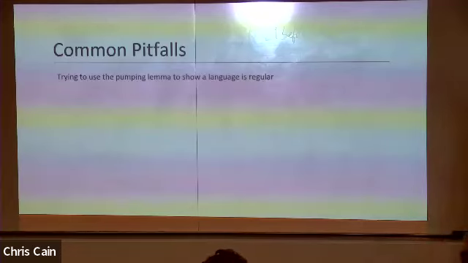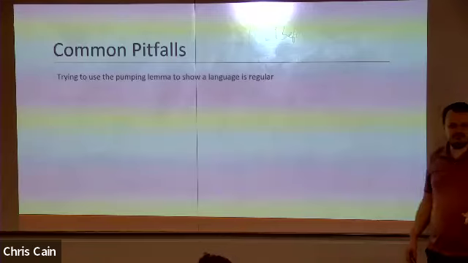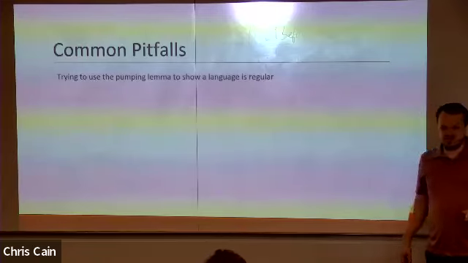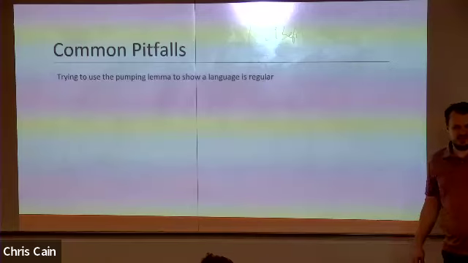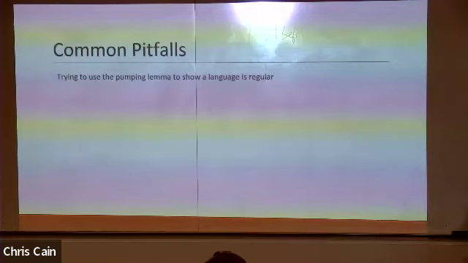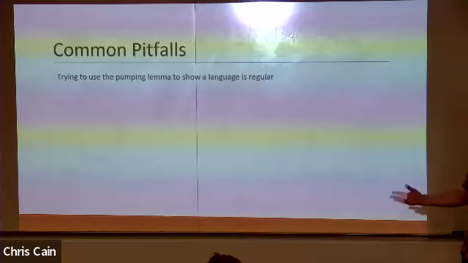The pumping lemma is a proof by contradiction that says, assume the language is not regular. If you're trying to prove something, you can't start by assuming that it's true. If you want to prove something is false, you can start by assuming that it's true and deriving a contradiction. But starting with assume this language is regular and then proceeding to prove that it's regular is hopeless. Assume that it's regular, therefore it's regular.